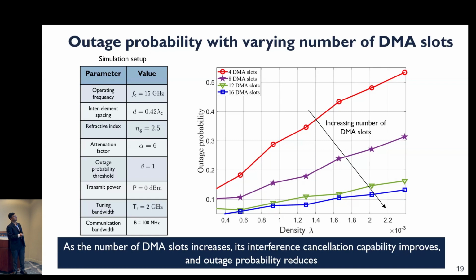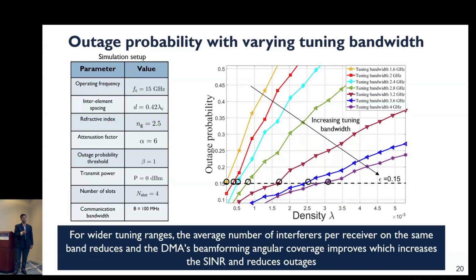Going to the next simulation result, we vary the outage probability for different tuning bandwidths. So we vary the tuning bandwidth, which is the spectrum that is allocated to the entire network, from 1.6 GHz to 4 GHz. And as we increase this tuning bandwidth, we see that the outage probability reduces. This is because there are two effects kicking in.